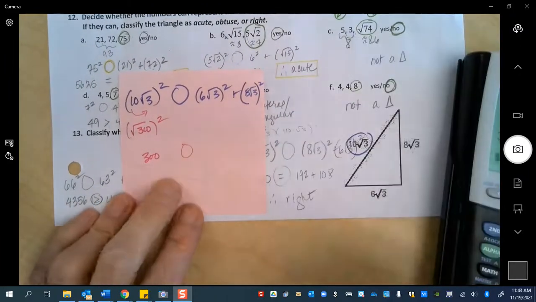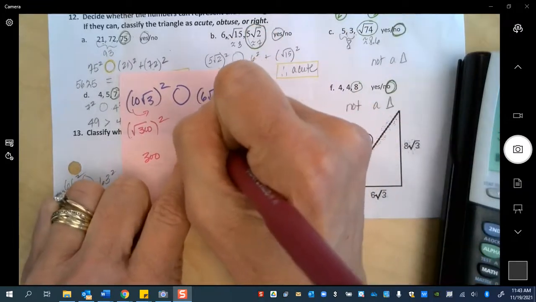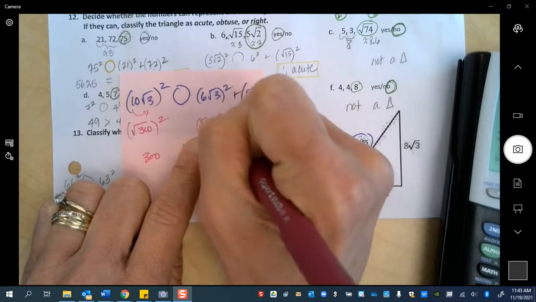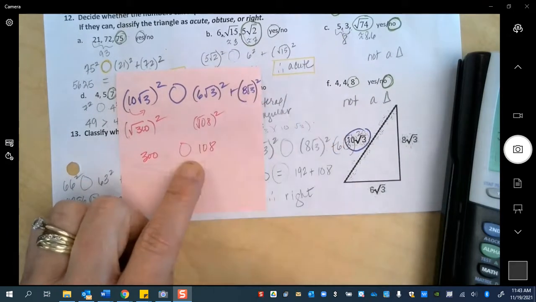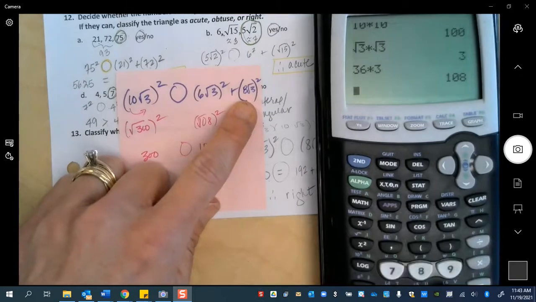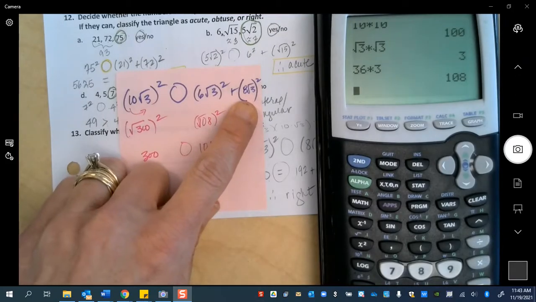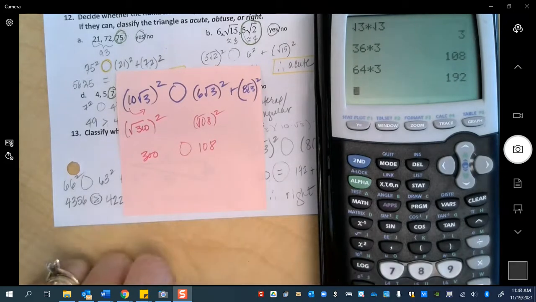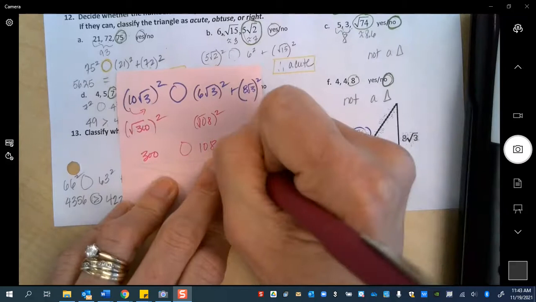So this is going to be equal to 108. And I have the square root of that squared, so that's 108. If I have 8 roots of 3, 8 times 8 is 64. Root 3 times root 3 is 3, so 64 times 3 is 192.